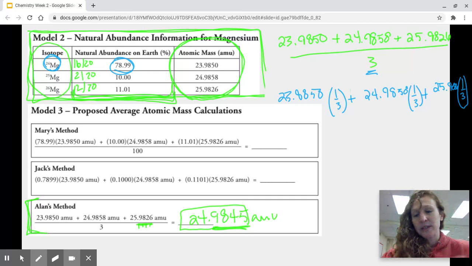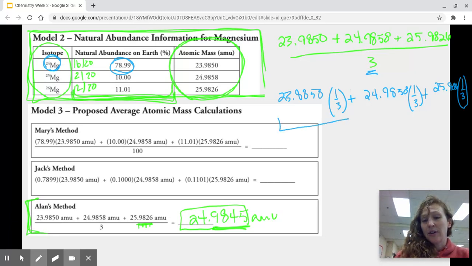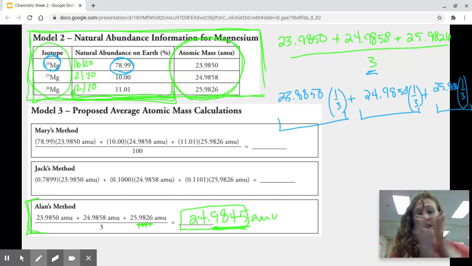All I did was distribute that 3 that we're dividing by: a third, a third, a third. So in the average, basically we're taking a third of everything and adding them together so that we get one whole thing.